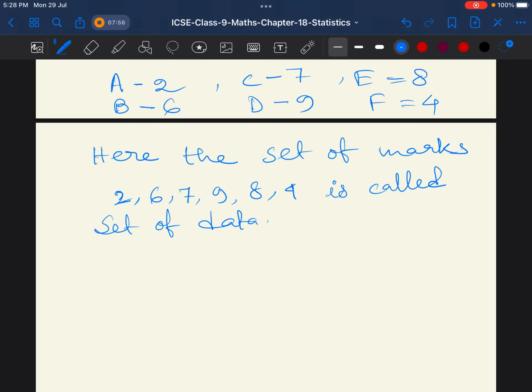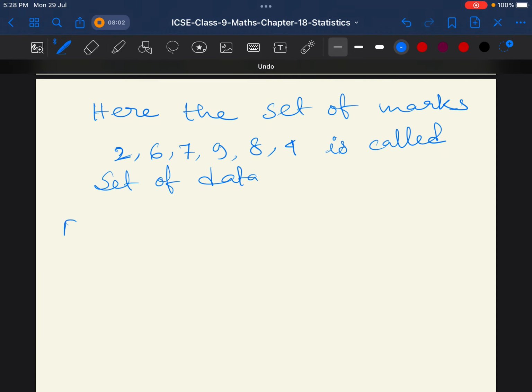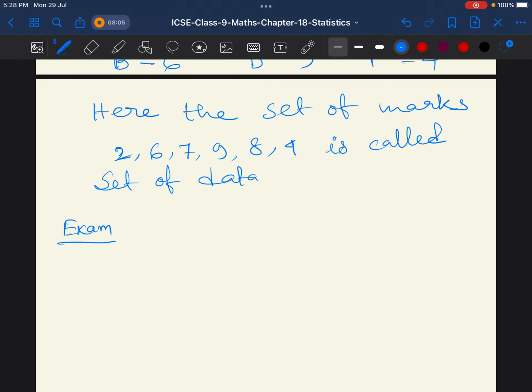Now another example. Suppose Ratan met with his new friend, a dog. So this dog has a family. Now the weights of the dog's family: for dog A the weight is 5. This is the name, this is the weight.